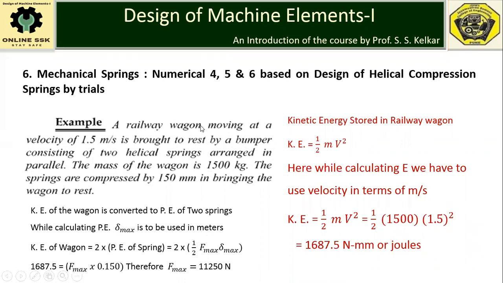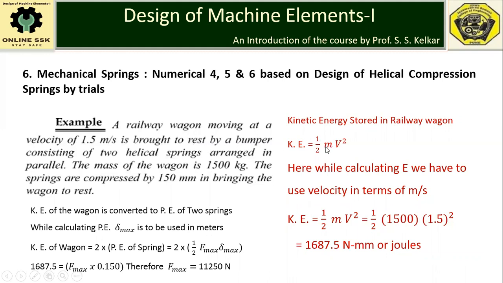The wagon is moving with certain velocity, so it has some kinetic energy inside it. That kinetic energy will get converted to potential energy of the spring while the springs are getting compressed and while this wagon is brought to rest.